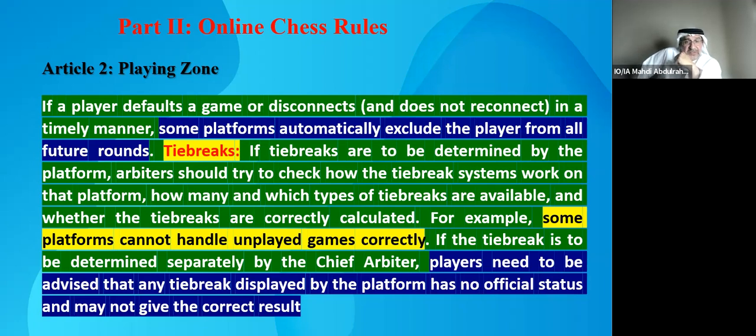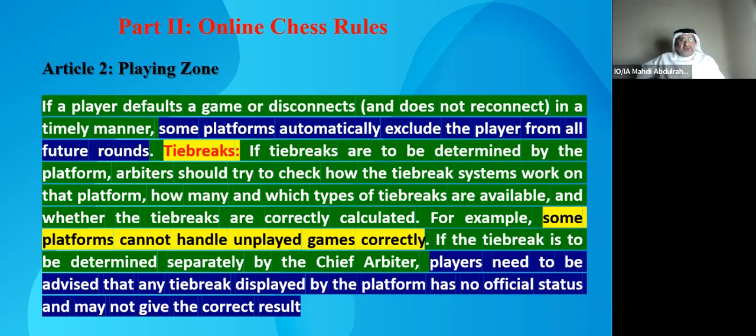Okay, if he has time, for example in a classical game, he has time to reconnect and come back to the game. But if he plays a blitz or rapid tournament, it's difficult to reconnect and enter, we will lose time and he loses the game.